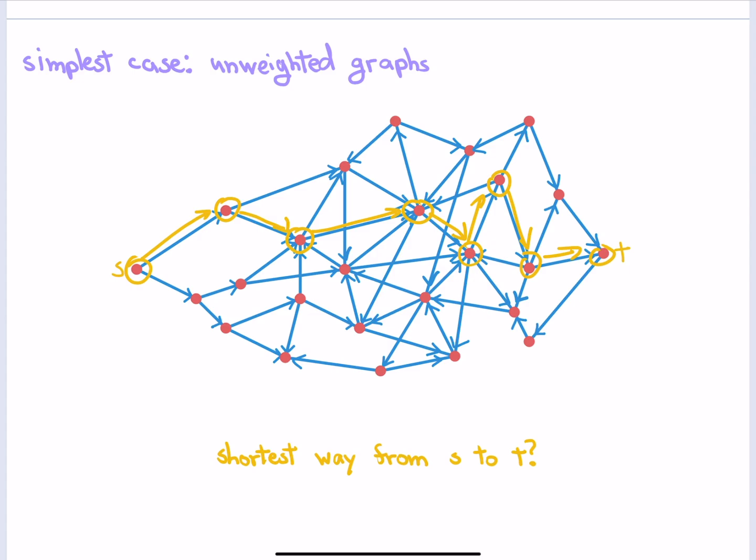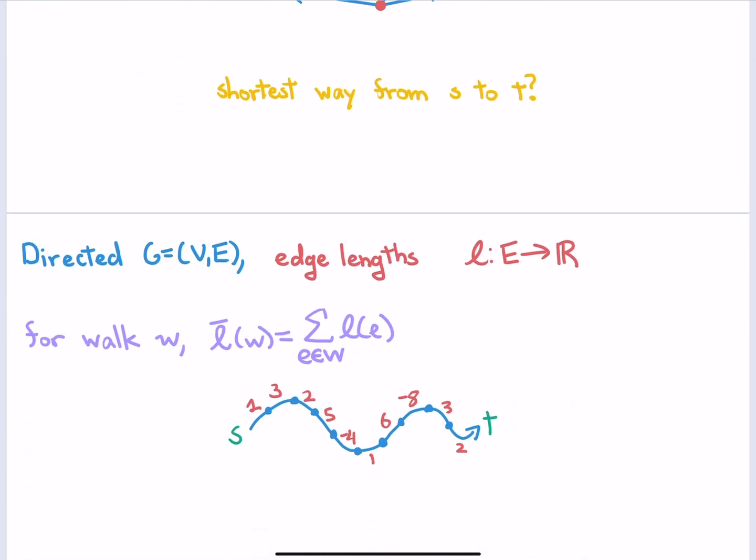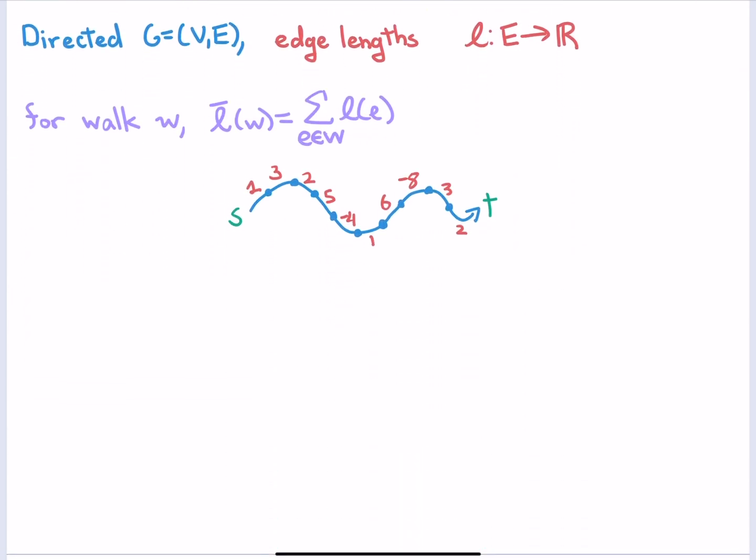Okay. All right. So in general, let me just set up some definitions. We will eventually look at weighted graphs. We'll do unweighted first. But in the more general problem, you're given a directed graph G and the edges are annotated with edge lengths, which can be positive or negative or 0.